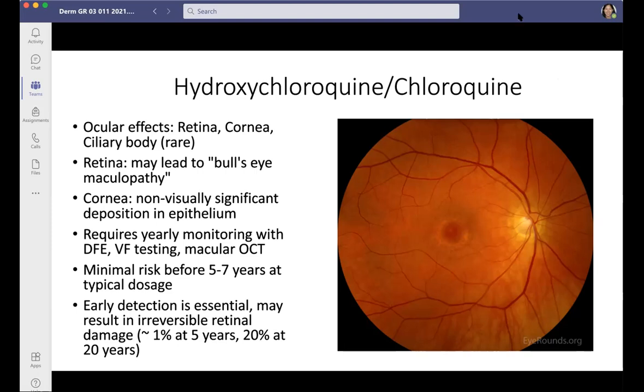If somebody already has this, then they're in really bad shape. So we don't actually want them to get to this point. We're looking for things that would precede this, that would keep the retina from having this appearance. Because if you're looking at this, then essentially damage has been done and the patient has already lost vision. That's really the most severe consequence we look for.